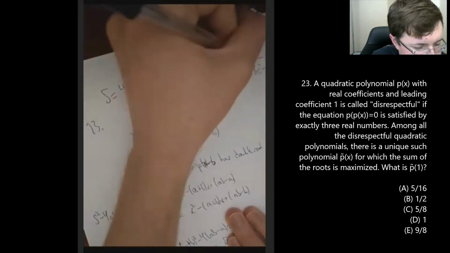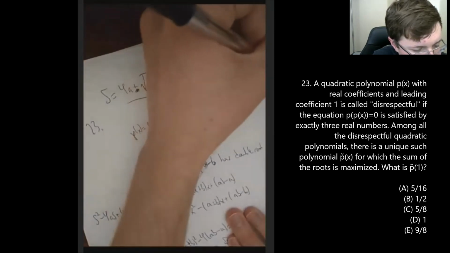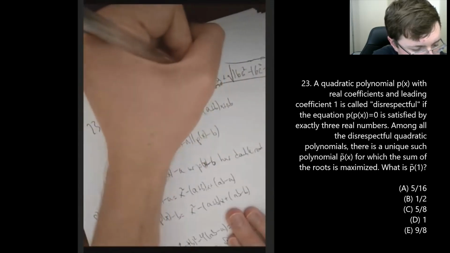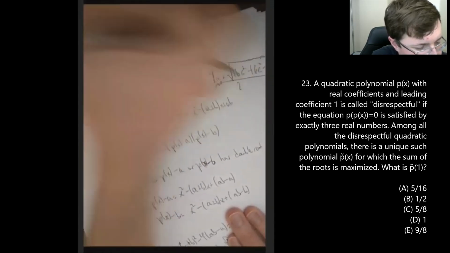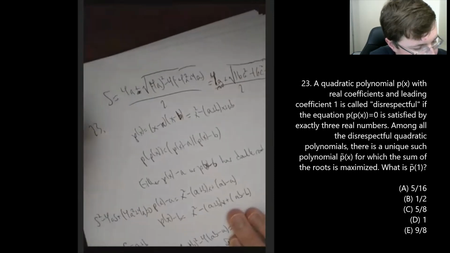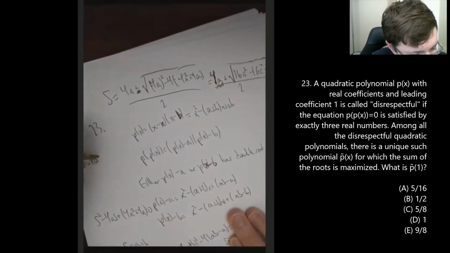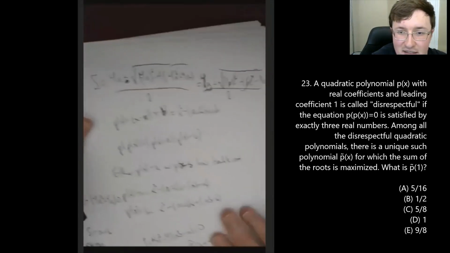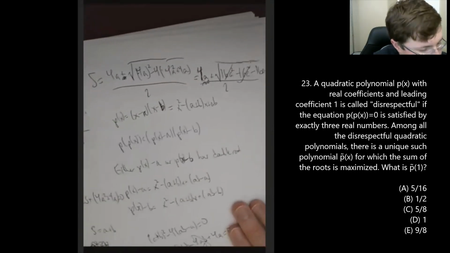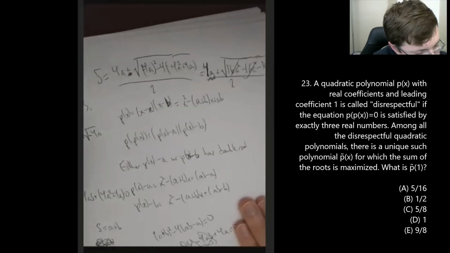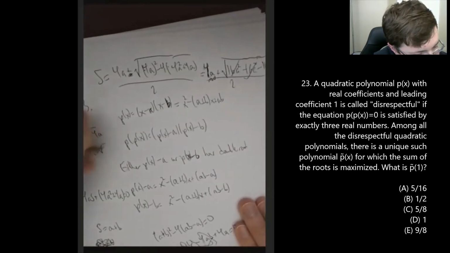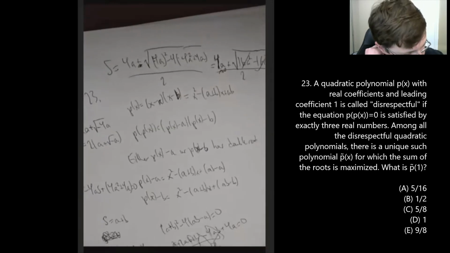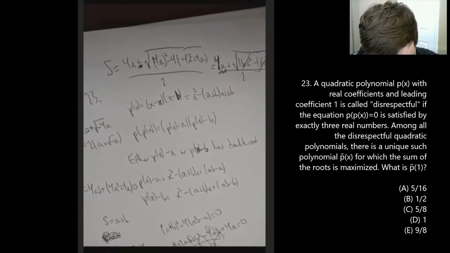Oh, yeah. Minus 16a all over... okay, there. So s is 2a plus root. So these a squareds go away, and I get root minus 4a. So I get 2 times (a plus root minus a), which is some of the roots is maximized.